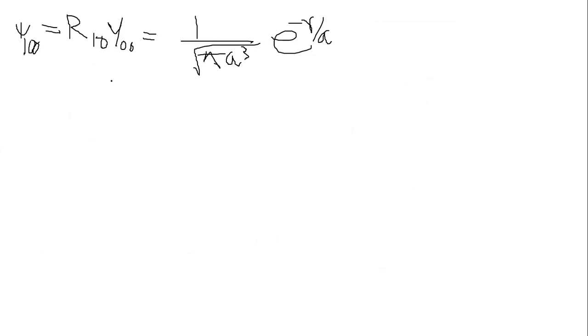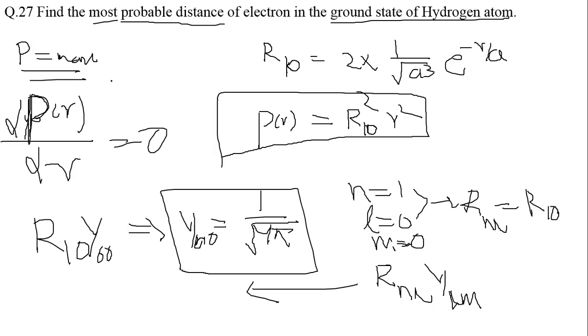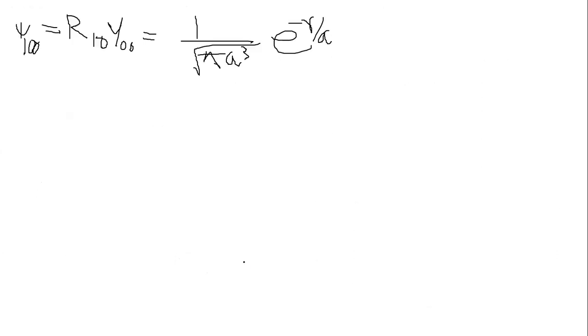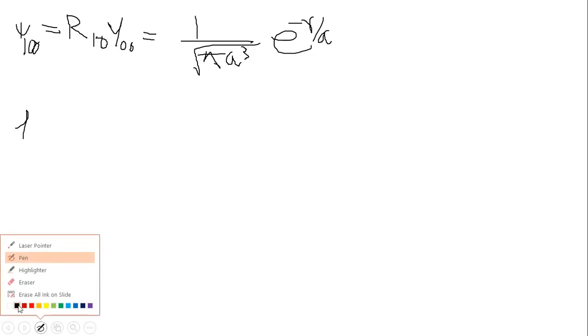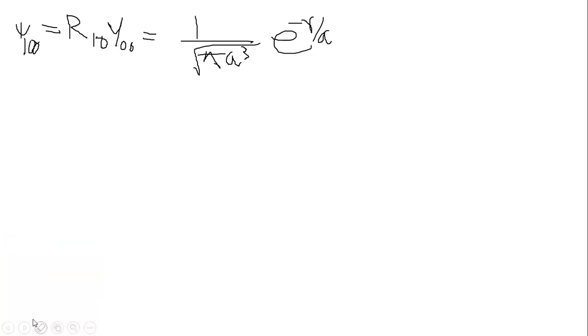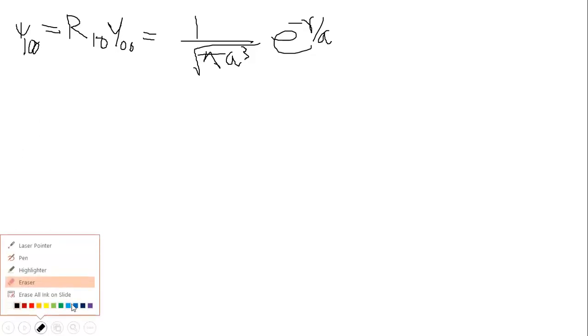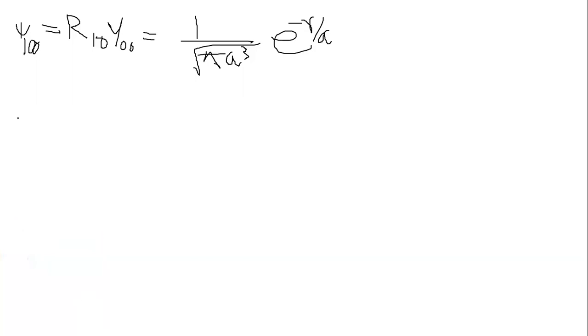However, we don't need this here, we can simply take the help of only the radial part, because the probability density is given by r square and R10 square. So when we put this value, what will the probability density P(r) be?